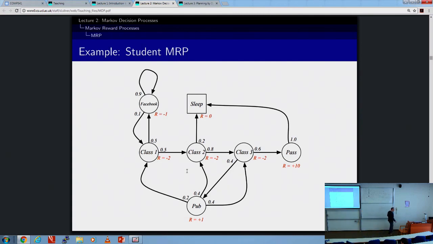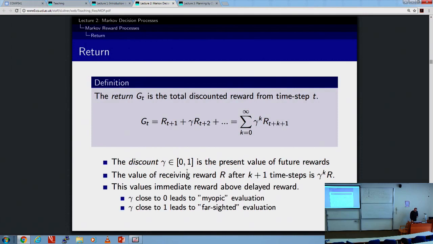So let's define these things a bit more carefully. So let's call this discounted future reward thing return. G_t for us means the return. R's are the individual rewards at each time step.